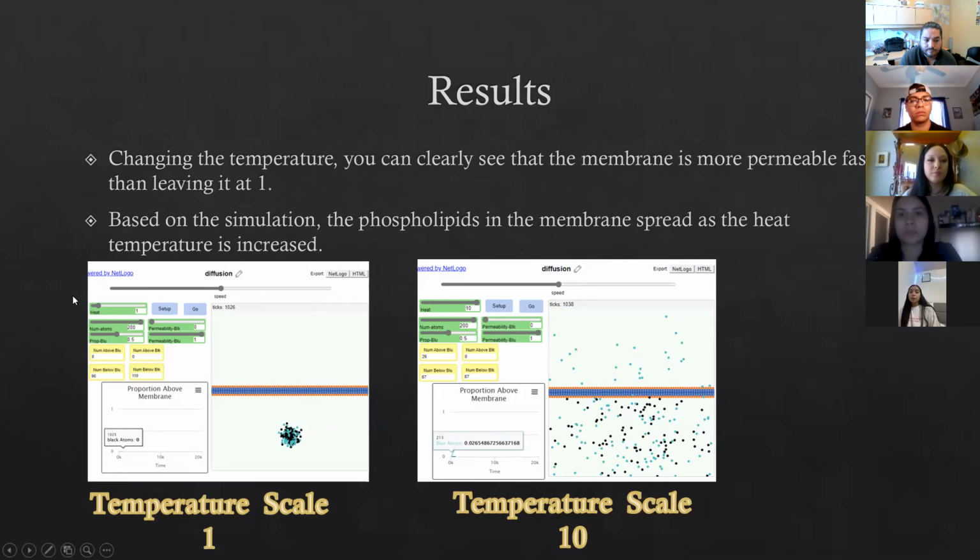In picture number 1, we can notice that all the molecules stayed together and at the same place because the temperature is lower. And in the second picture, all the molecules are around the membrane because the temperature is increasing.